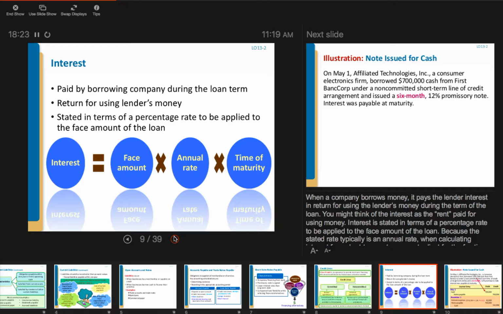It will say the annual rate is 8%, but we only care about interest for 6 months of the year, 4 months of the year, whatever the case may be.